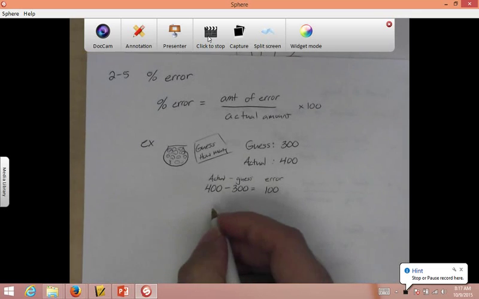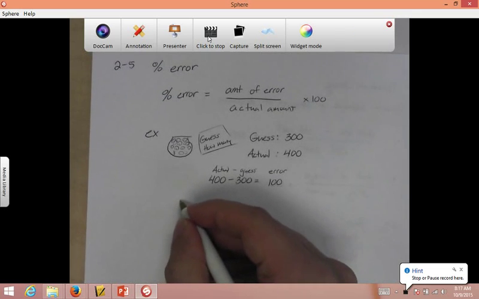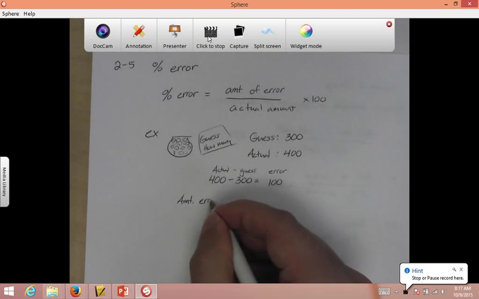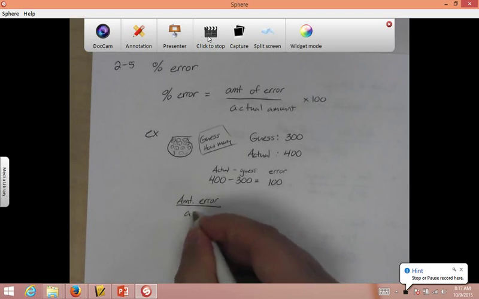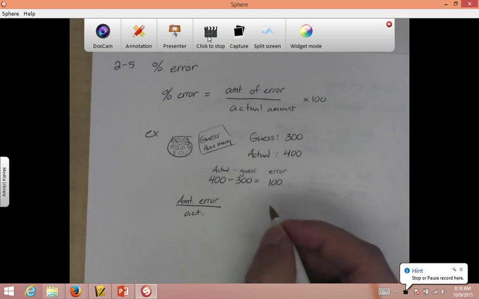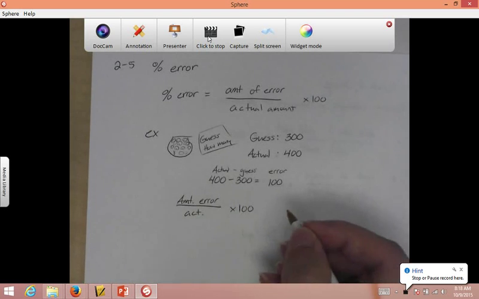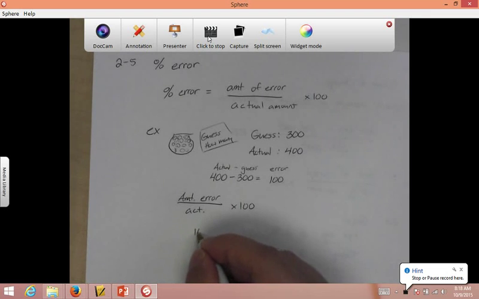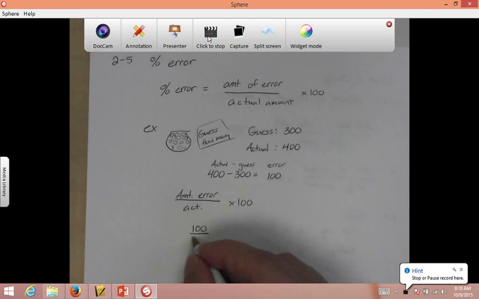So now what we're going to do again is we take the amount, AMT is the abbreviation for that, the amount of error over the actual amount times 100. Filling in the numbers, the amount of error was 100. The actual amount was 400.